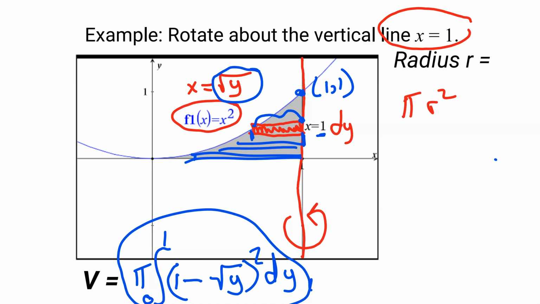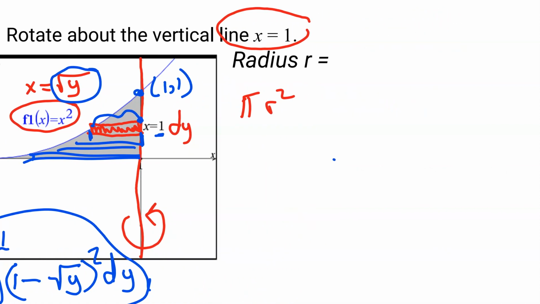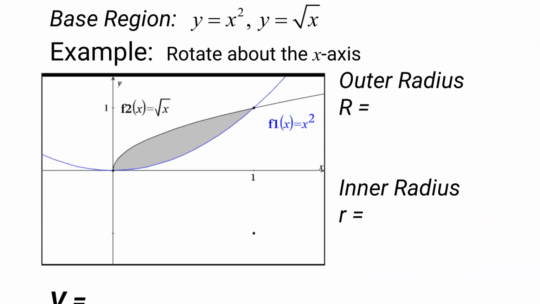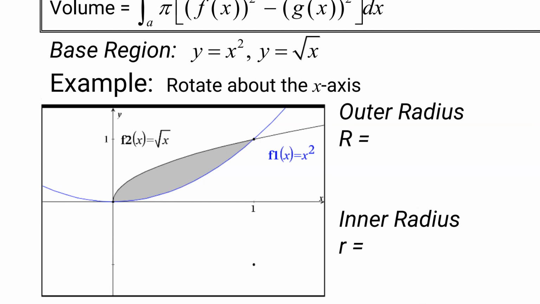Now, on homework, I just want you to do a couple problems, and then we're going to keep working on them the next day. What I want you to be aware of is that sometimes when things rotate, like if we think about this one rotating about the x-axis, we can imagine that there's going to be a bit of a hole left in here.